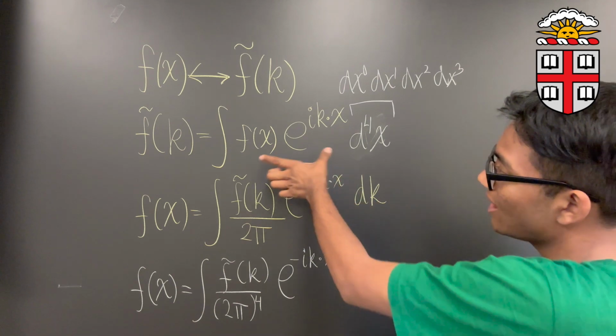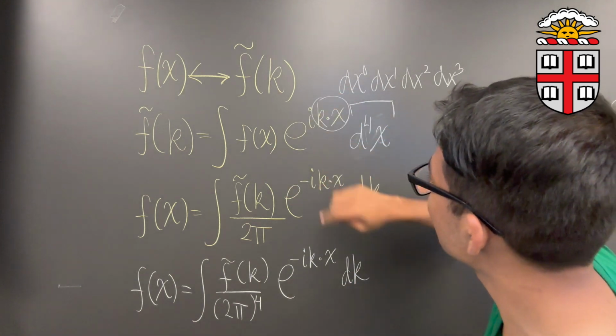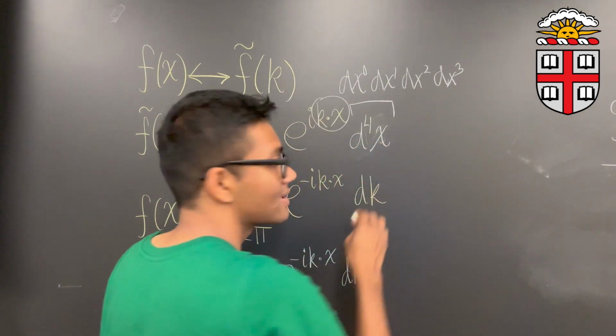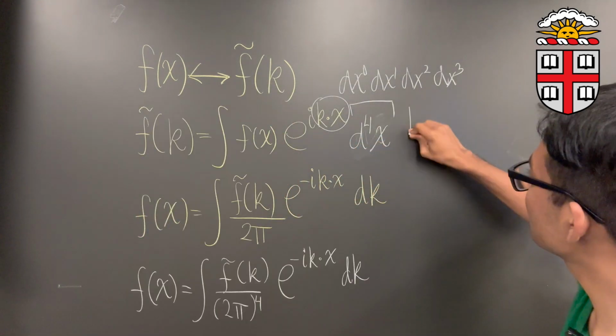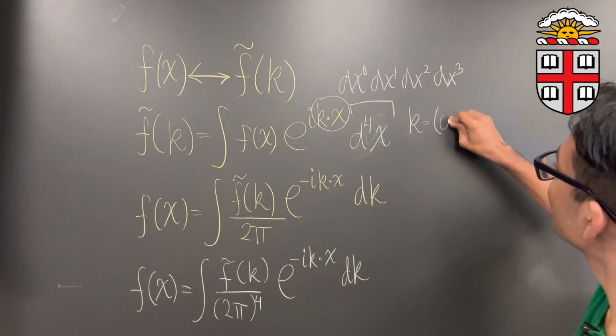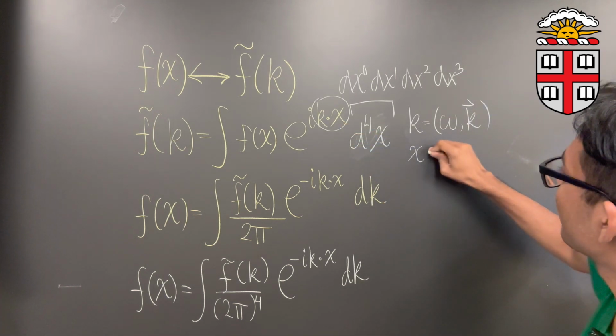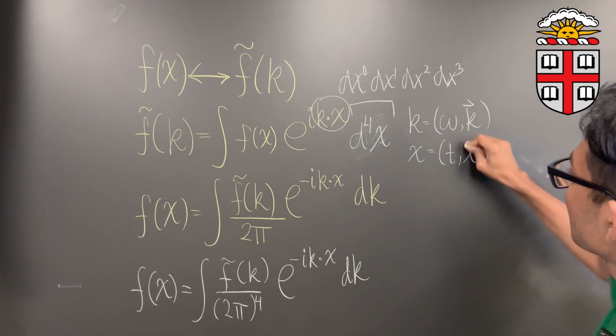So another way we could actually write this is, remember what k dot x is, right? So k is some kind of a 4 vector. It's actually a 4 vector given by, let's see, we have omega comma k, I believe. And x right here is a 4 vector given by t comma x.